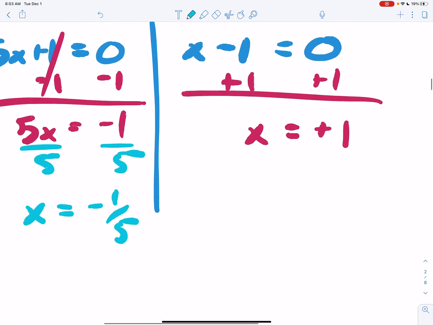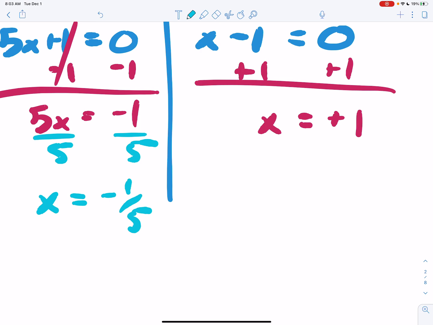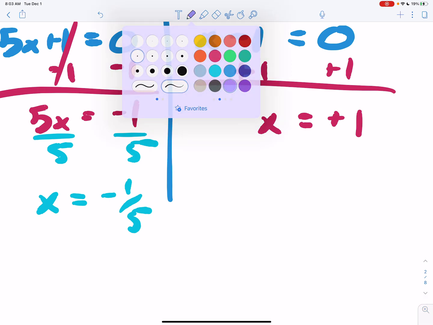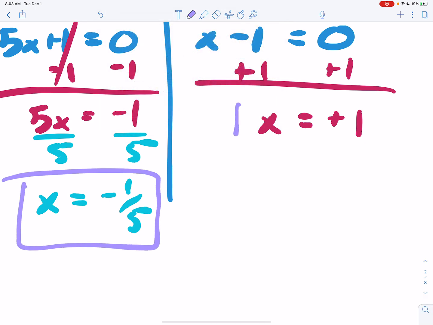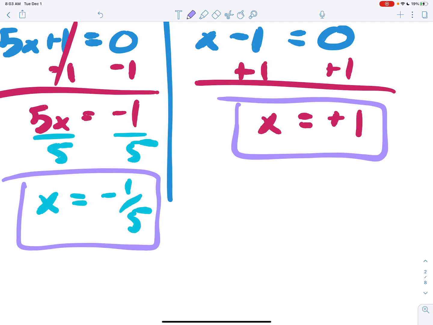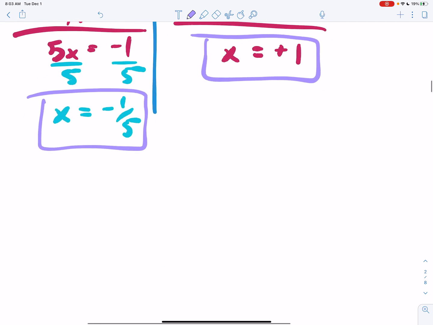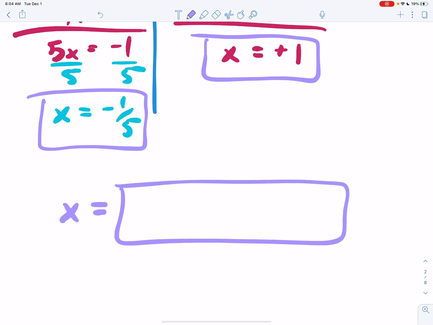My 2 answers are not 0 at all, so I'm going to box this. I have 2 perfectly good answers, so I have 2 solutions, okay? So the way you guys would write it in your Delta Math is you would just write, so here it would say x equals, you could just write negative 1/5, comma, 1. And that should work, okay?